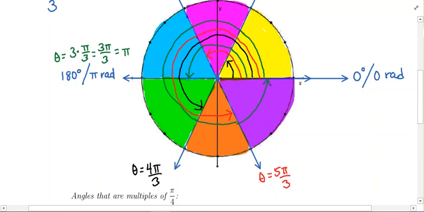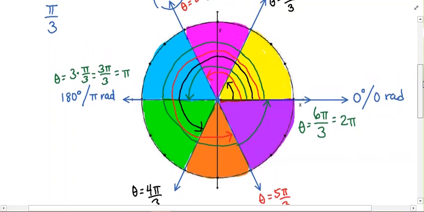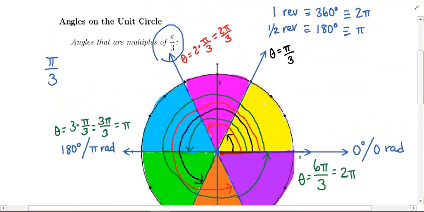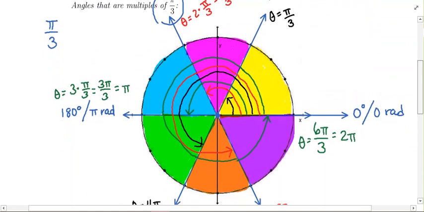This will bring us to 6 pi over 3, and we've swept out the entire circle. 6 pi over 3 reduces to 2 pi, which makes sense because we went the entire circle, and one full circle should be 2 pi radians. So if you go one time around the circle and your angles are multiples of pi over 3, that's what they look like.